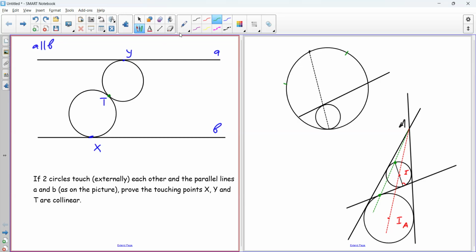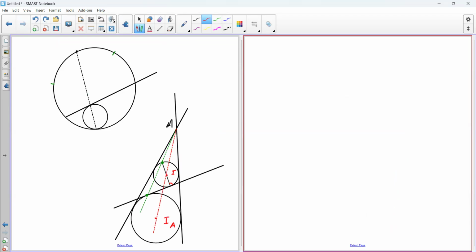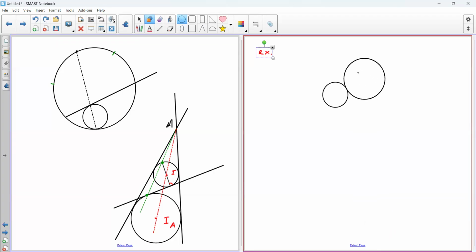For example, an auxiliary exercise may be done: if two circles are touching each other, then there exists a unique homothety which sends, no, it's not very correct.